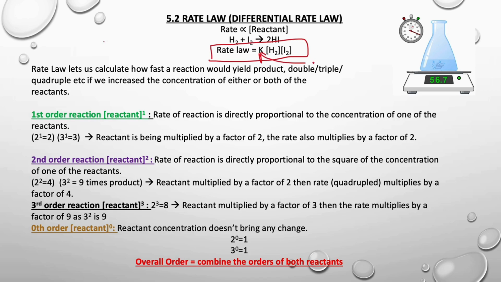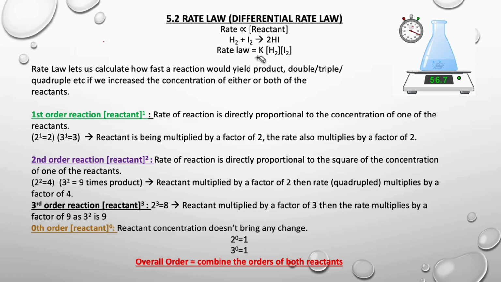We'd be able to mathematically figure this out once you have information about the other things in this equation, and you have the concentration of your first reactant and the concentration of your second reactant, each raised to the power of 1 or 2. It also can be raised to the power of 3, which is called the third order reaction, but we're never asked about that.